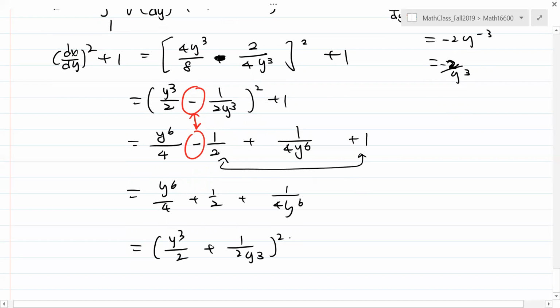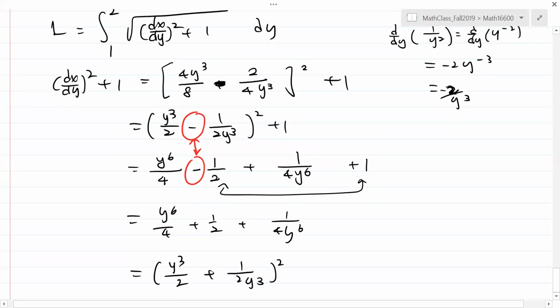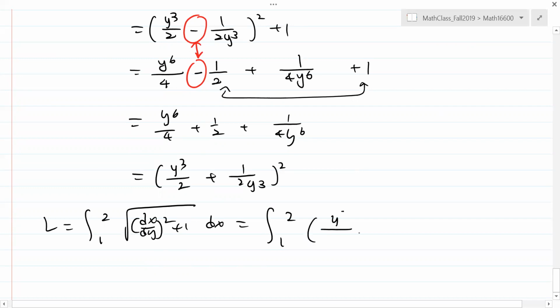So you can go back to the square again by changing the sign. So now the length integral is from 1 to 2 of the square root of (dx/dy) squared plus 1. It's going to be the square root of this. That's just y cubed over 2 plus 1 over 2y cubed. Yeah, no square, right? Okay.